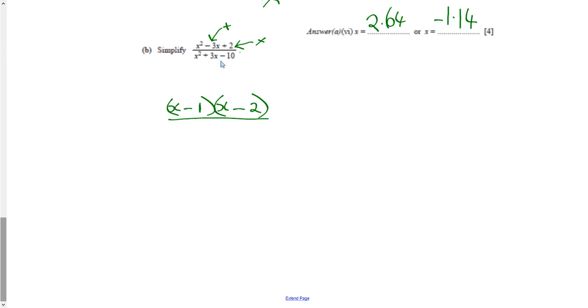All right, now let's do the same thing for the bottom. Okay, we're going to factorise again. So we need to find two numbers that multiply to negative 10. Okay, so right now, to get a negative number, we're going to need a negative and a positive. All right, and when we add them together, we get positive 3.